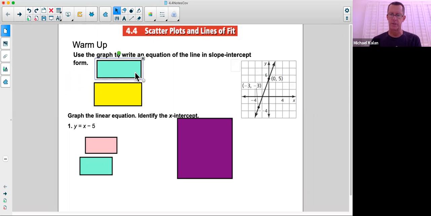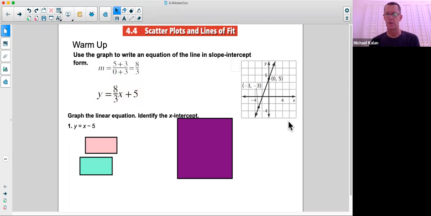Obviously there were two different ways you could have done it. You could have done the change in y's over the change in x coordinates, or you could have counted up and over. Either way, you would have gotten that the slope was 8/3. Notice each box is worth 2, so be careful about that. The y-intercept is at (0, 5), so it's y equals 8/3 x plus 5.